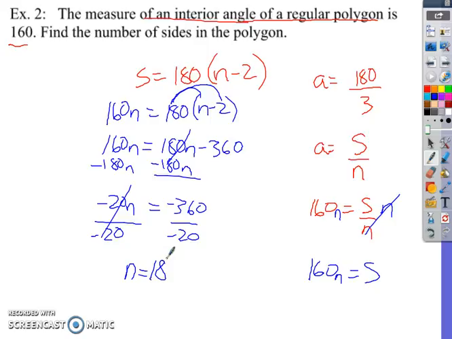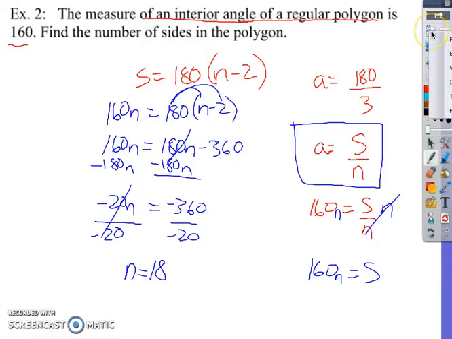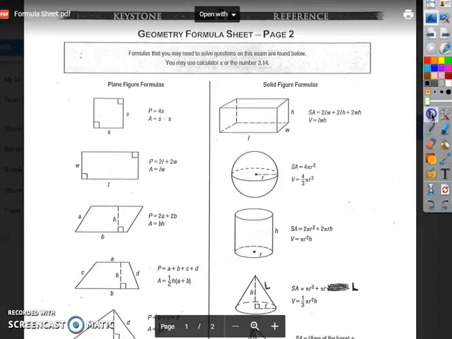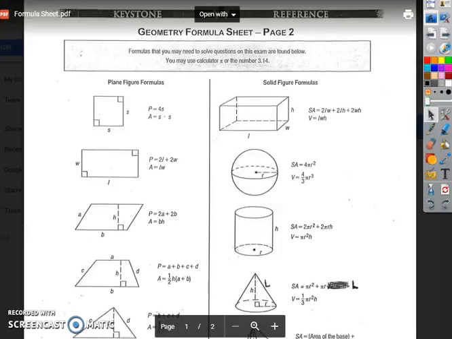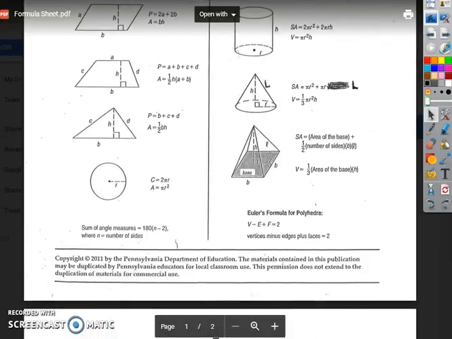All right, everybody do me a quick favor. This formula right here, A equals S over N. Please, please, please, on your formula sheet, on page 2, I want you to write it at the bottom. We have our formula here: S equals 180 times n minus 2.